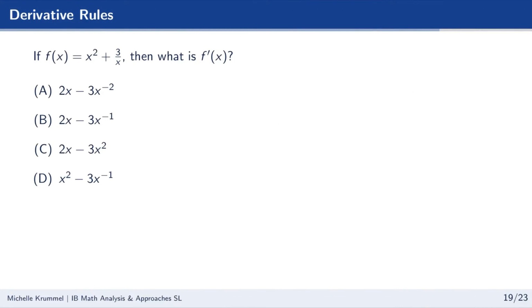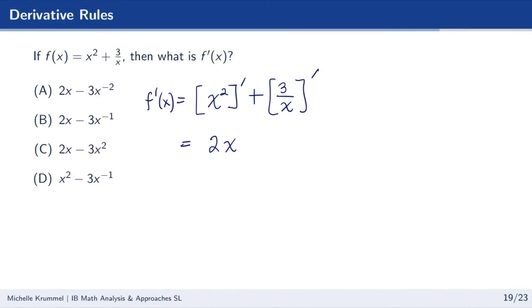If f equals x squared plus 3 over x, what is f prime of x? Okay, so we're going to, just like in the last problem, take the derivative of each term separately. That's our sum difference rule. The derivative of x squared is 2x. We write f prime of x. The derivative of 3 over x, okay, so you can do this the long way.